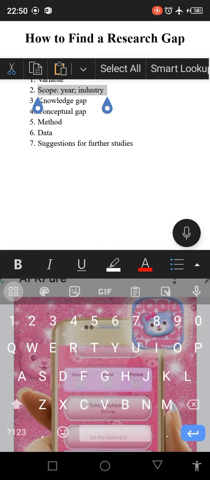When you're talking about scope that is related to year, the existing literatures that you mapped out could cover a little year range, and you might want to extend the year range. It could cover an old year range, and you feel that things have changed in the economy.